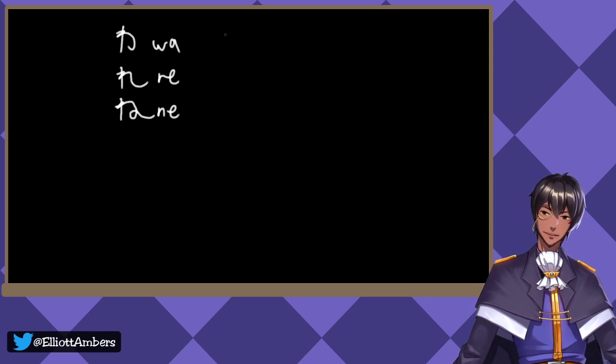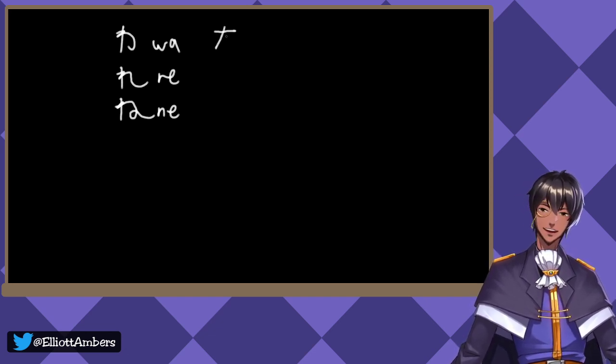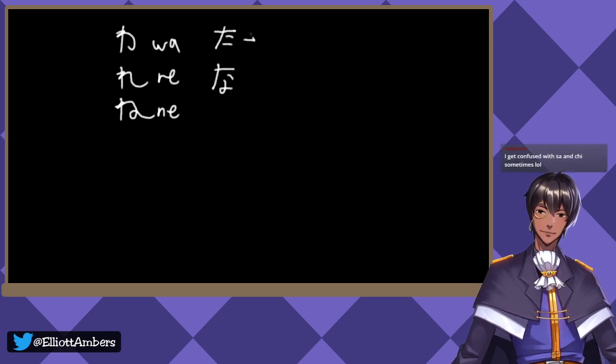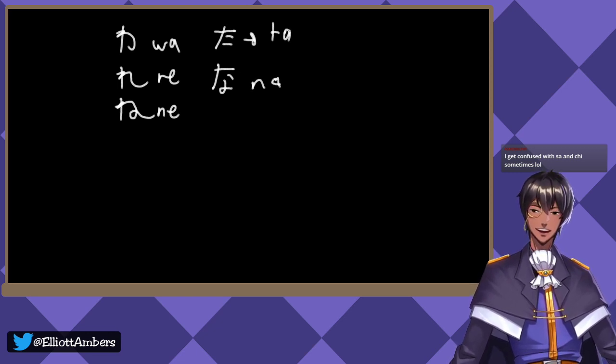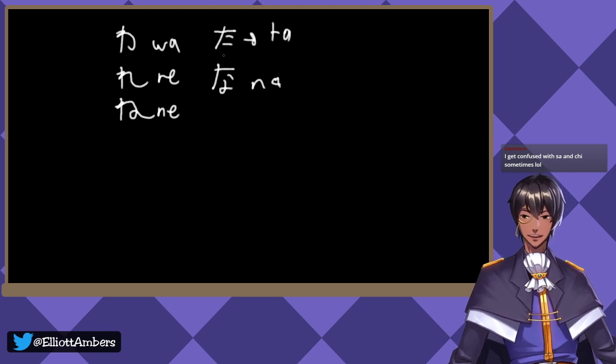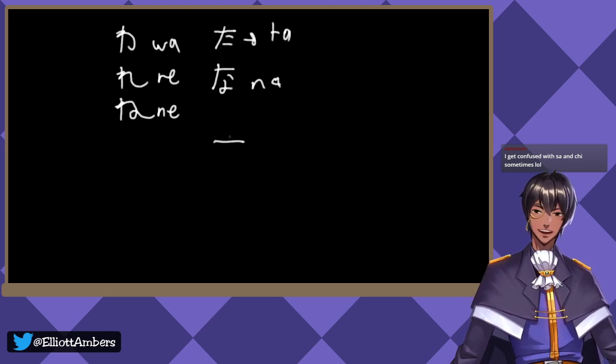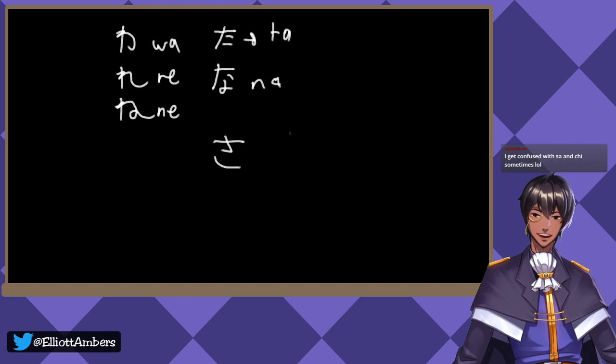And similarly, things like knowing that ta looks like this, na looks like this. You know, na is the one with the squiggle, ta is the one that doesn't have the squiggle. Oh my god, yeah. Sa and chi.